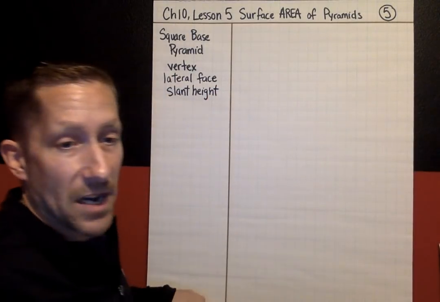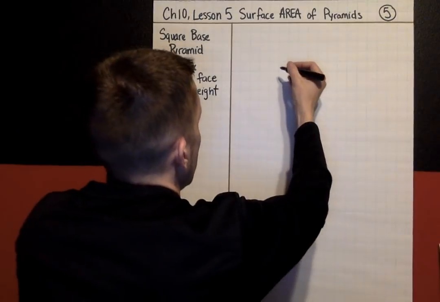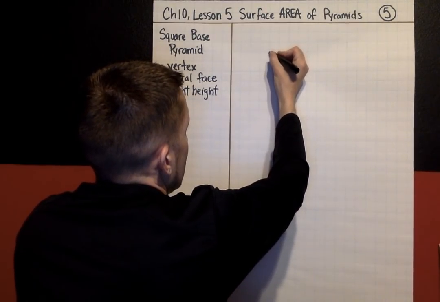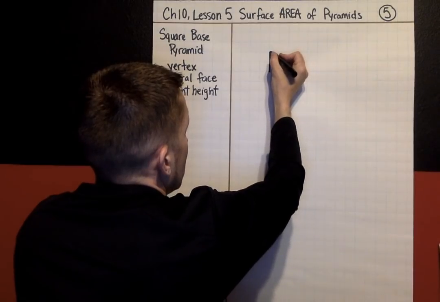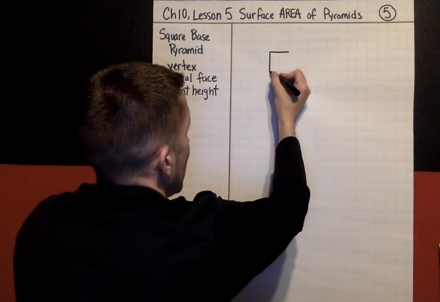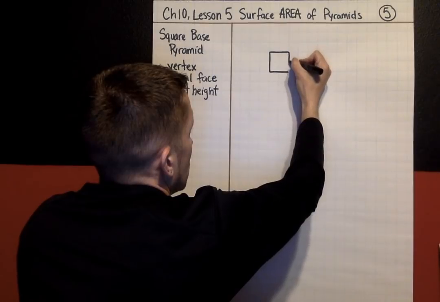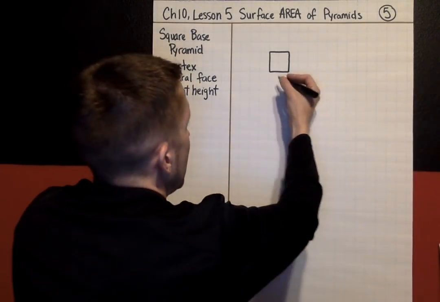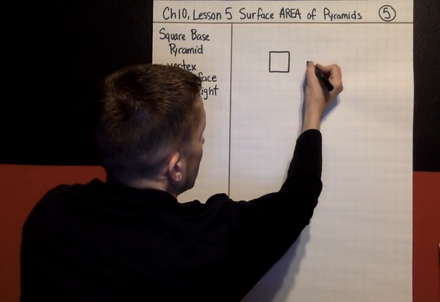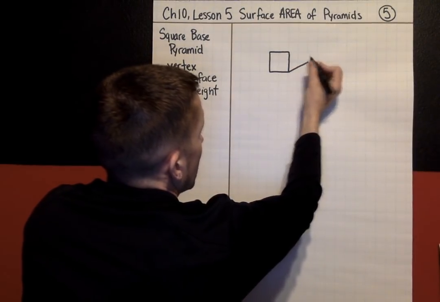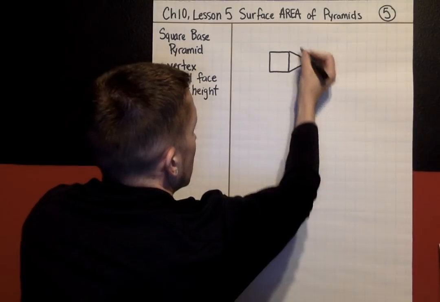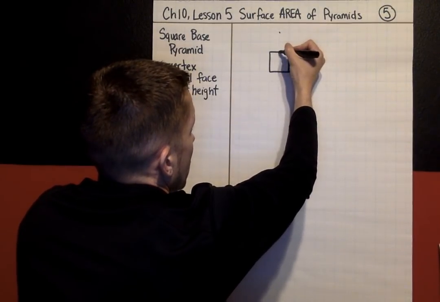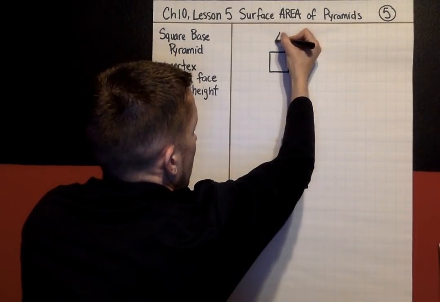Alright, so now let's draw an example pyramid. Come down about maybe 3 boxes, and I'm going to make a square that's 2 by 2. So that is going to be the base of my pyramid. Then I'm going to come out 2 boxes, right in the middle, and connect from the top edge of the square, go up 2, and again connect.